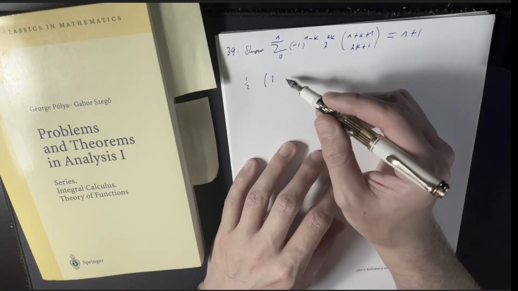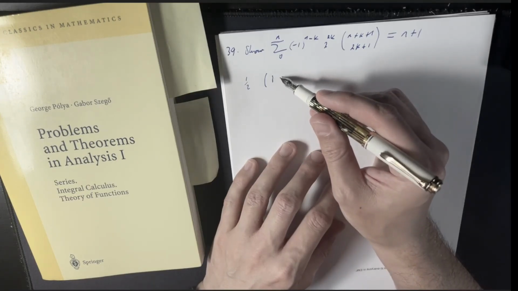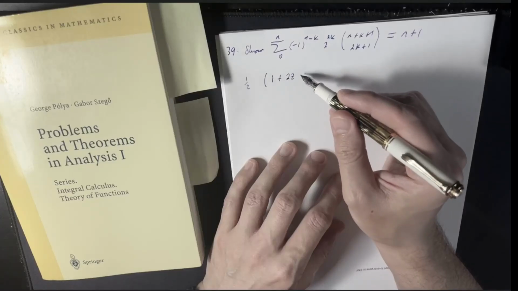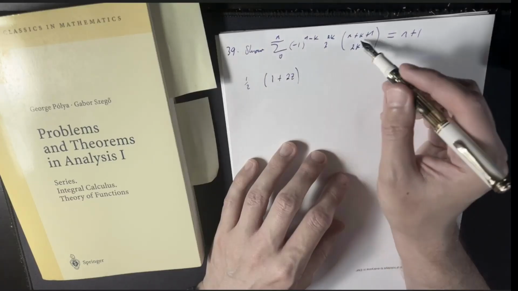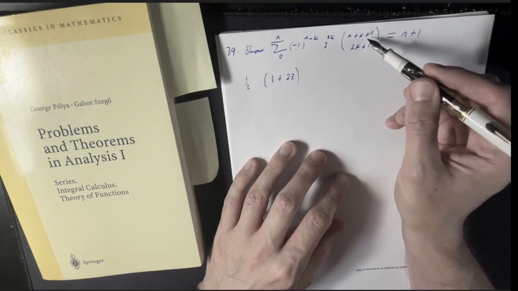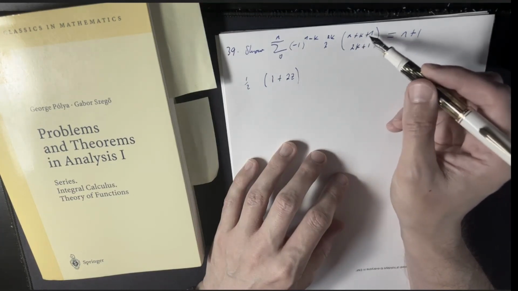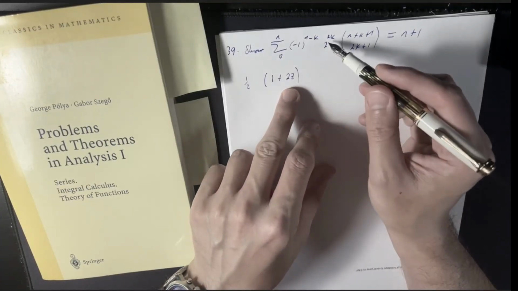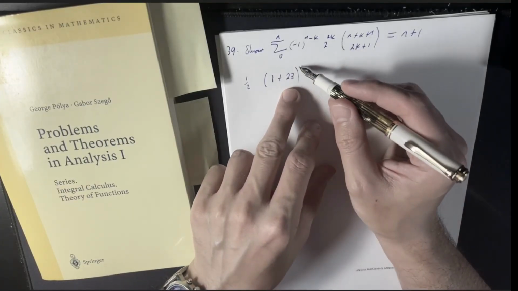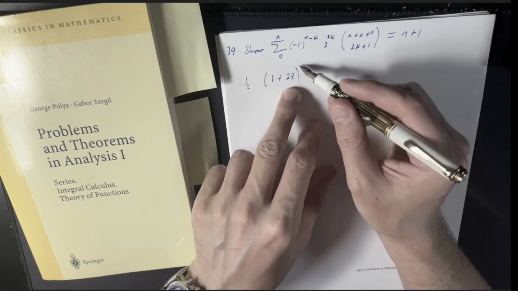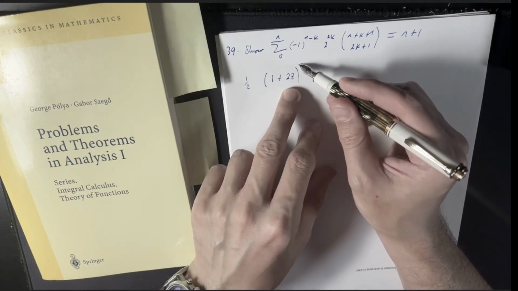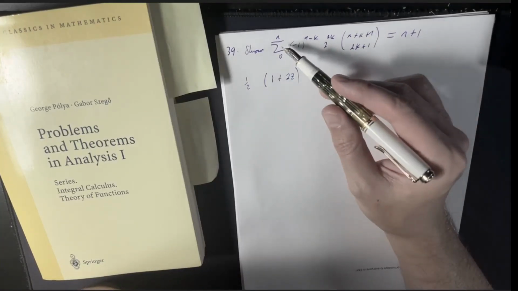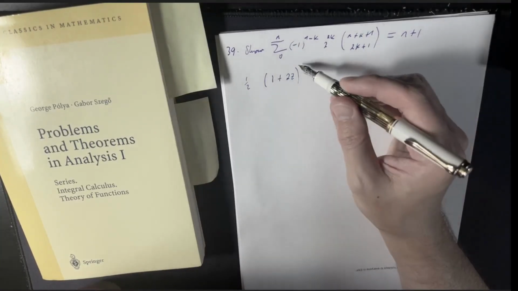Yeah, I'm not sure. What if we had something like 2z, and then we raise it to this power. Alright. Why is it squared? Yeah, how am I going to get n? Yeah, I just don't get it.